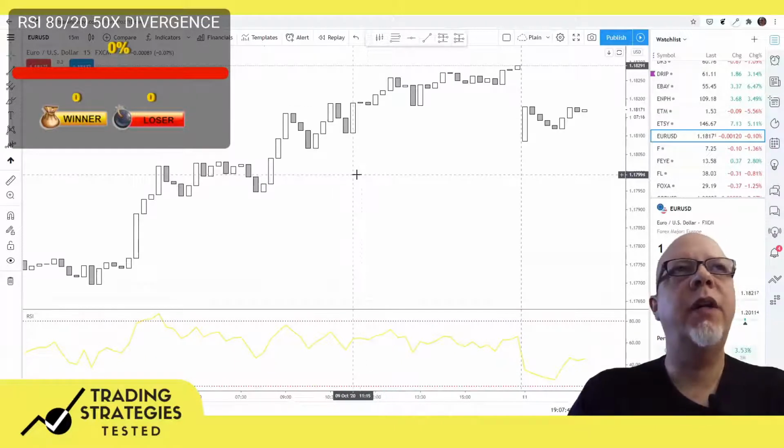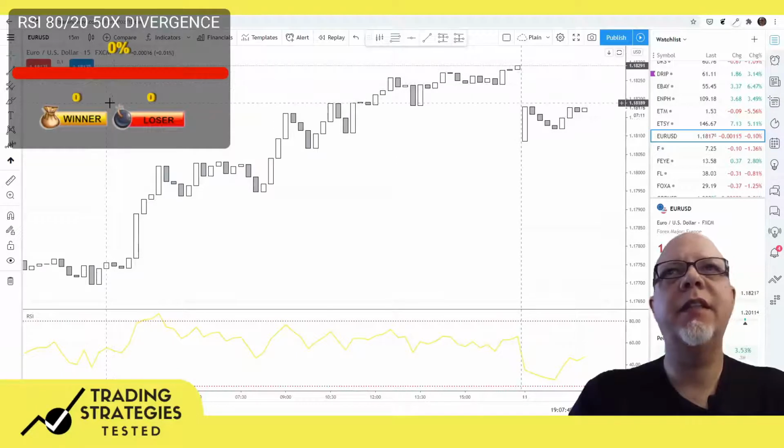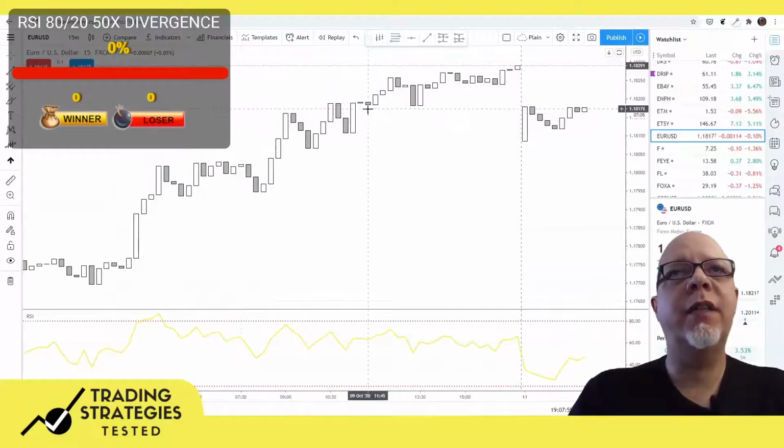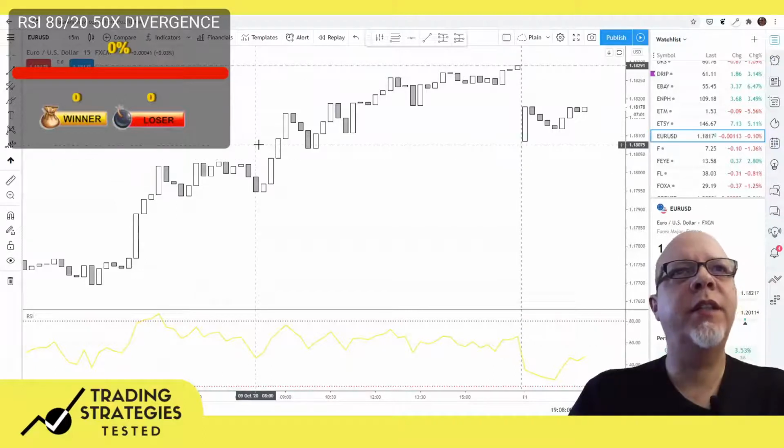Alright, so here we have the Euro USD, and I've literally just taken it where we are currently, and I'll be working backwards from here. That's not entirely the best way of doing this, but it is just easier in this particular case for our testing.